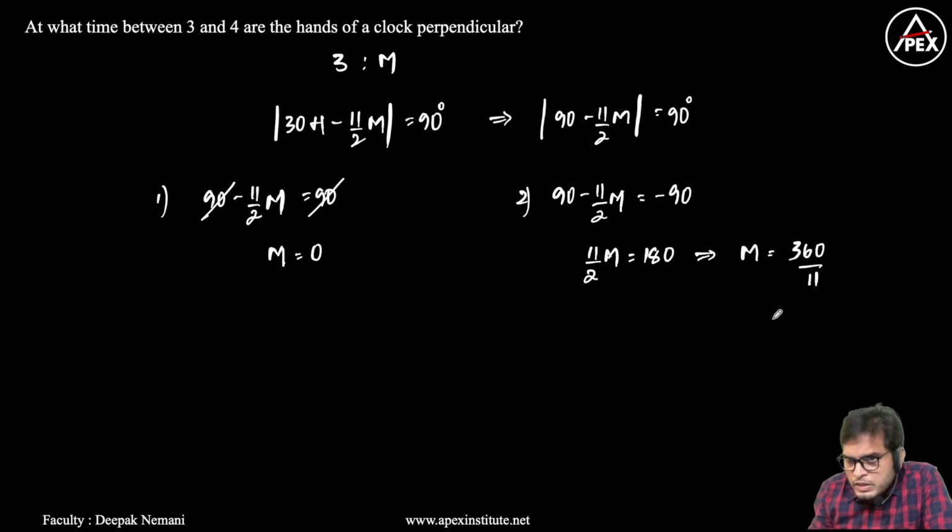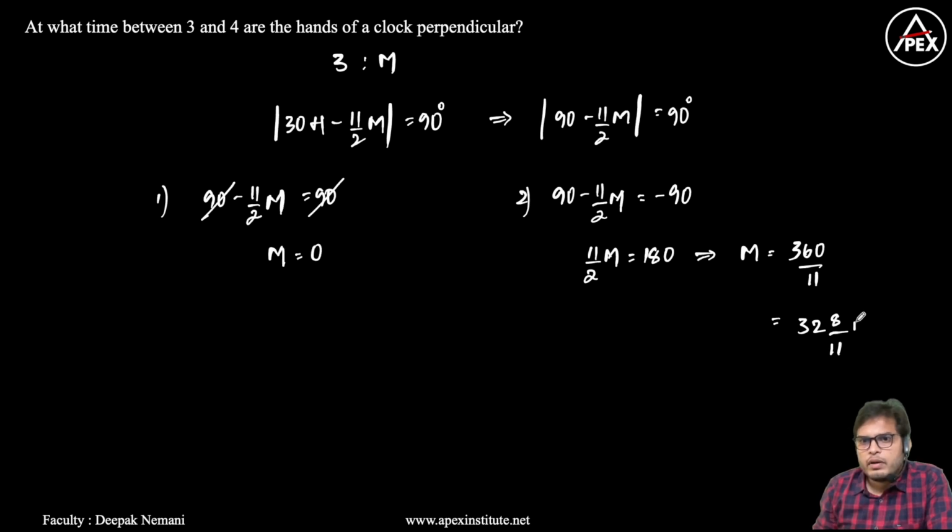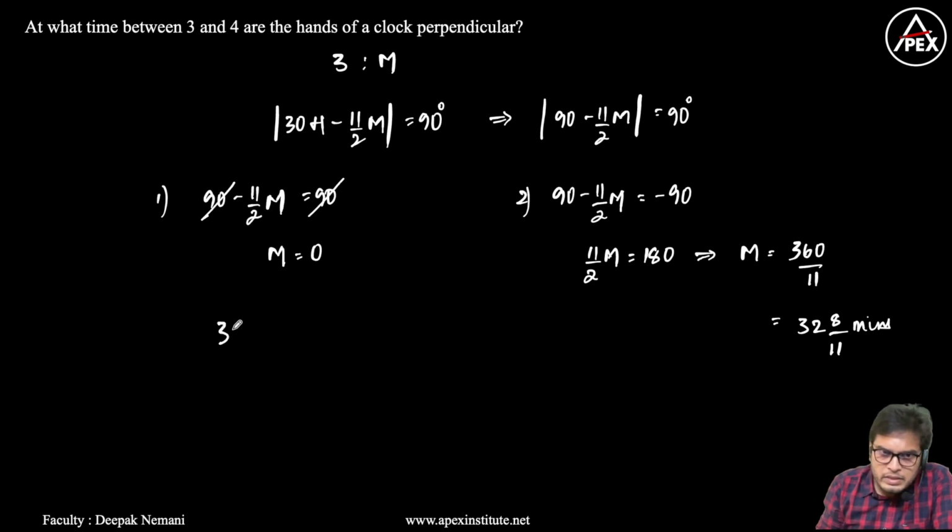Now this can further be simplified as 32 8/11 minutes. Right? So both the hands of a clock are perpendicular exactly at 3 o'clock, or 3:32 8/11 minutes.